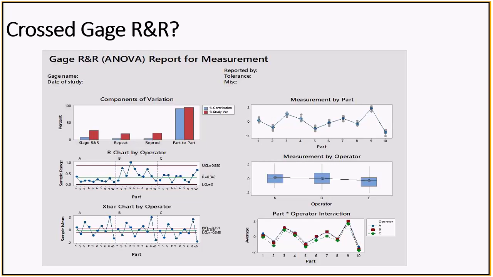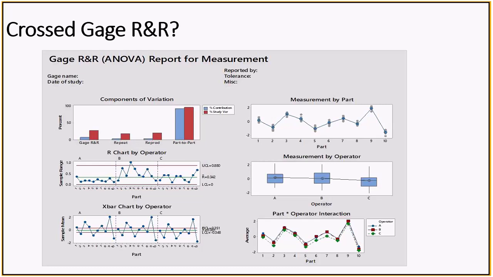Let me reiterate, do not conclude anything just by looking at the graph. The graph will give you an overview of what kind of analysis will be in the session window, but always use the session window before concluding anything, okay?